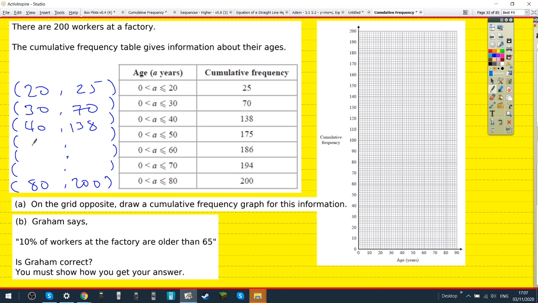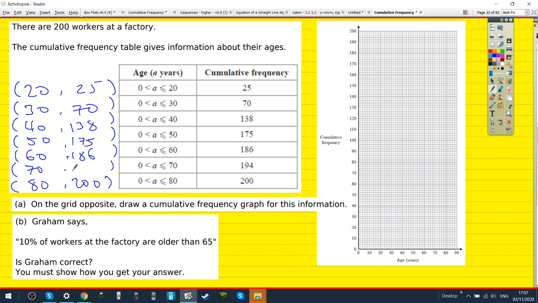And so for a frequency polygon, we were using the midpoint as an estimate. For cumulative frequency, you use the endpoint, because we definitely know that at 50 or fewer, there were 175 people who are 50 years old or younger. That's 186. Okay.